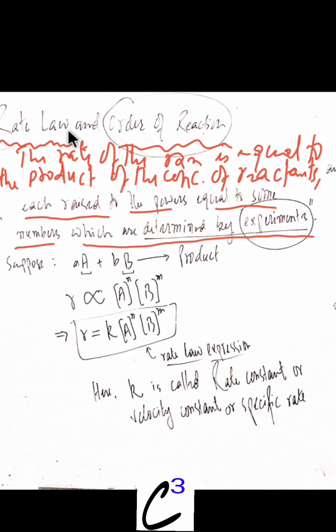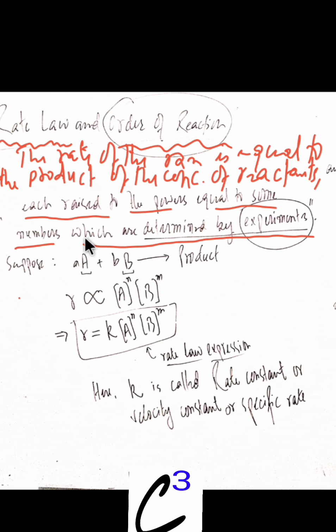This is the expression of rate law. The rate of a particular reaction will be equal to the product of the concentrations of the reactants each raised to the powers equal to some numbers which are determined by experiments.